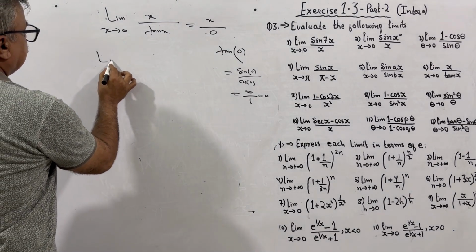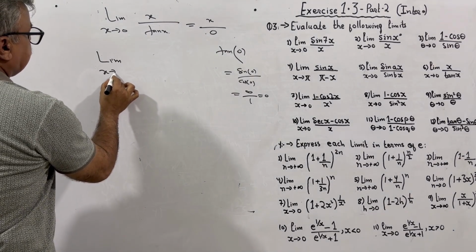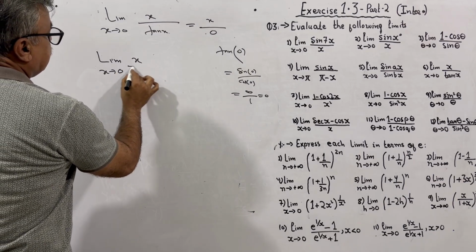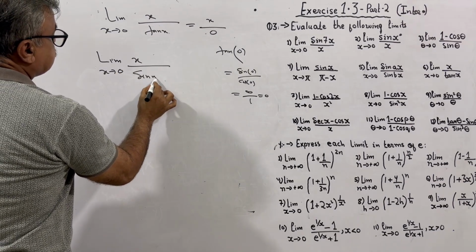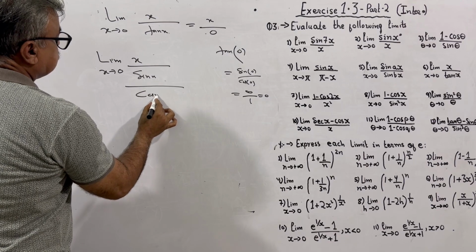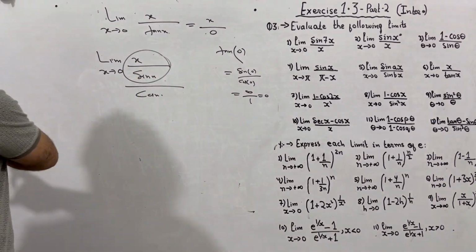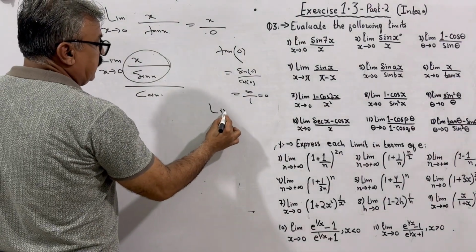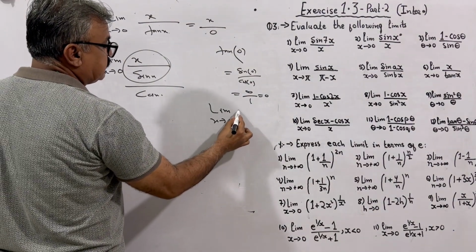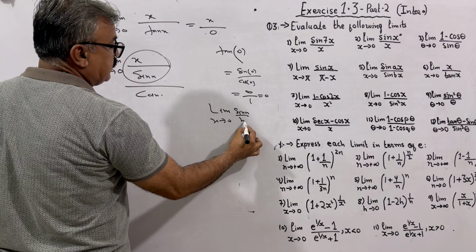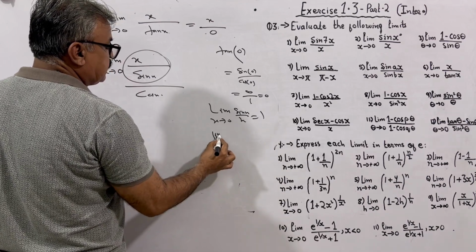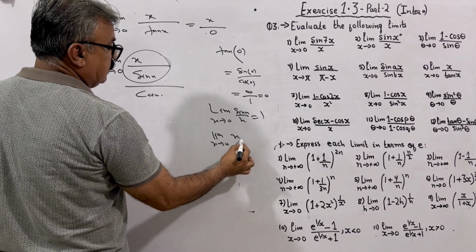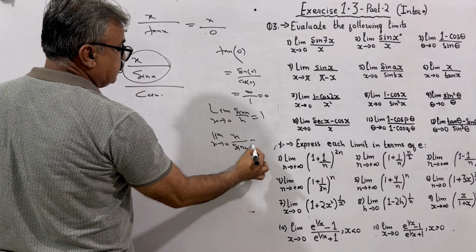Simply utilize that tan is the ratio of sine and cos. Limit x tends to 0 of x over sine x over cos x. Still it is a valid formula, sine x over x or x over sine x. As I told you at the outset, limit x tends to 0 of sin x over x is equal to 1, or its reciprocal, x over sin x, is also equal to 1.